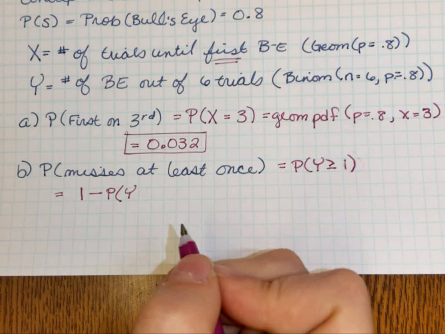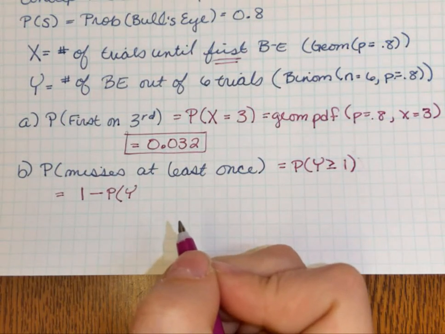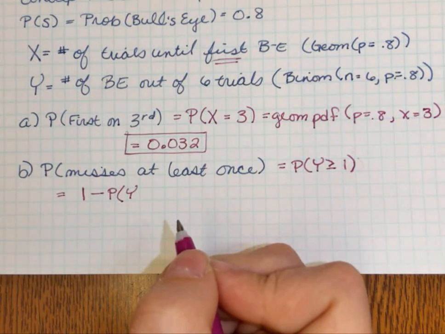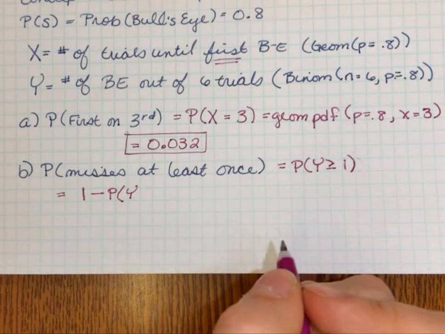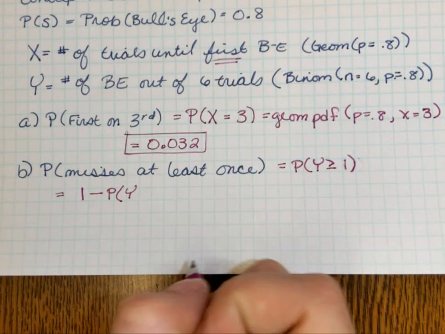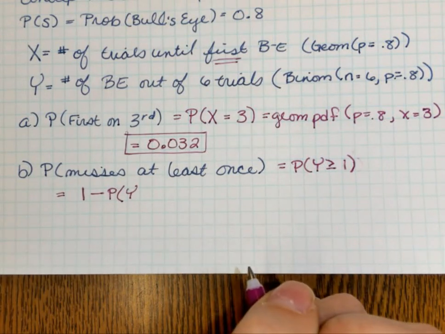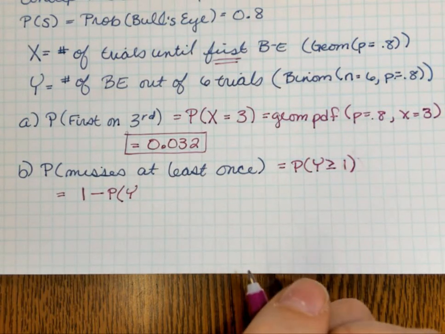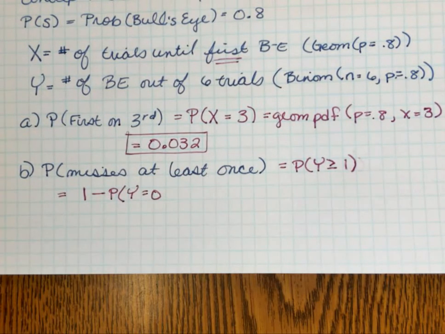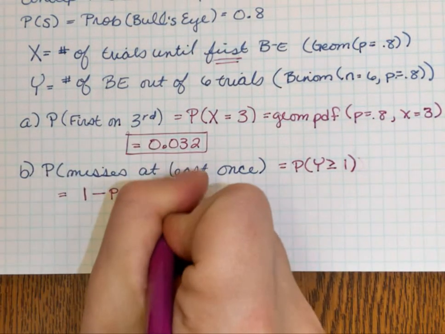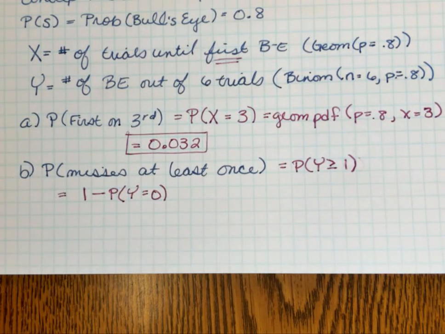Less than 1? How many numbers are less than 1? Nope. How many total arrows could I hit a bullseye? What's the fewest number of bullseyes I could hit? 0. I know, I got to put it in context.